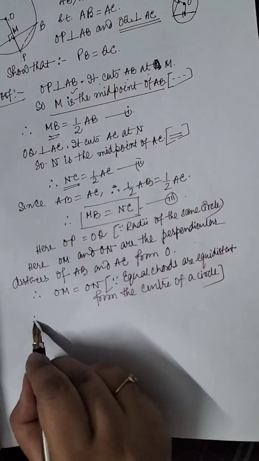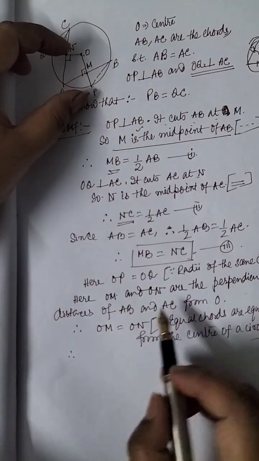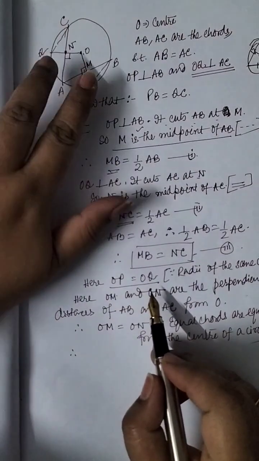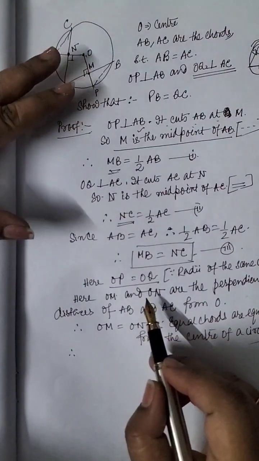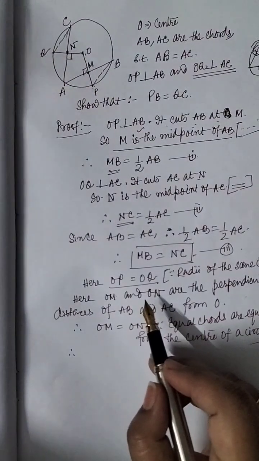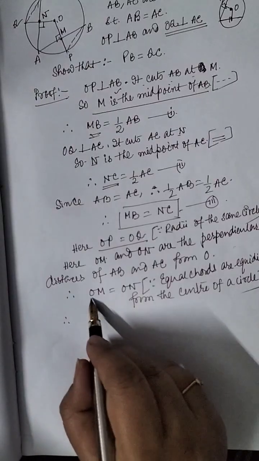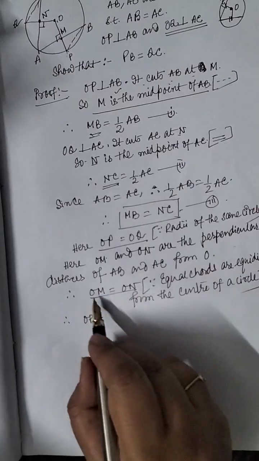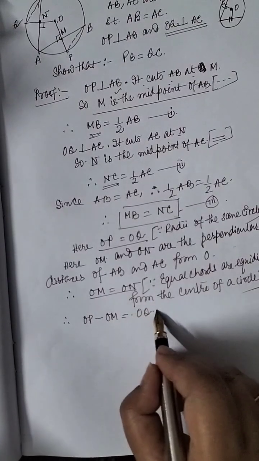Therefore, we get, look, so we get OP minus OM equals to OQ minus ON, because two equal quantities are getting subtracted from another two equal quantities. So obviously the remainders are also equal. Therefore we get OP minus OM equals to OQ minus ON.